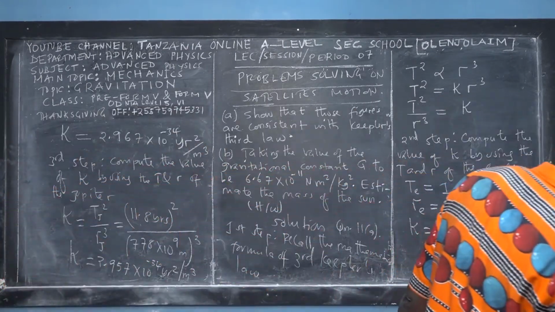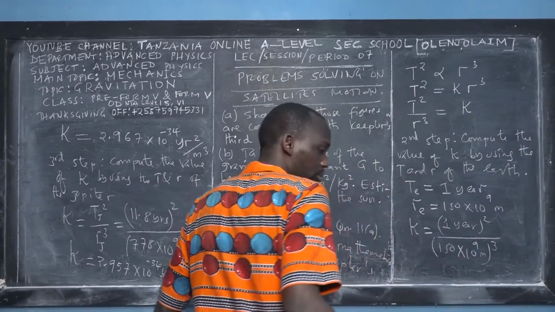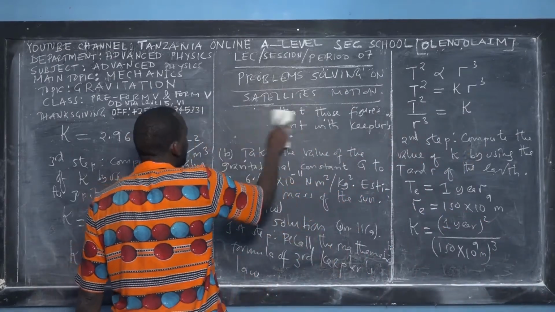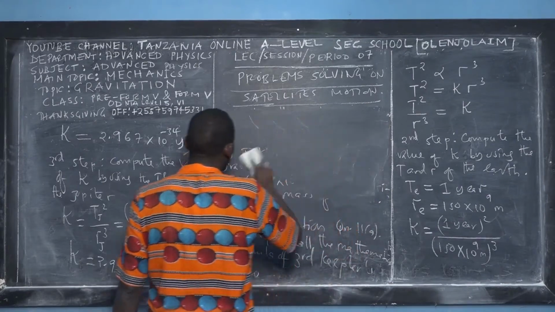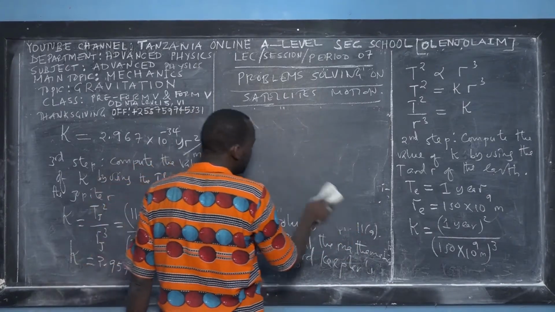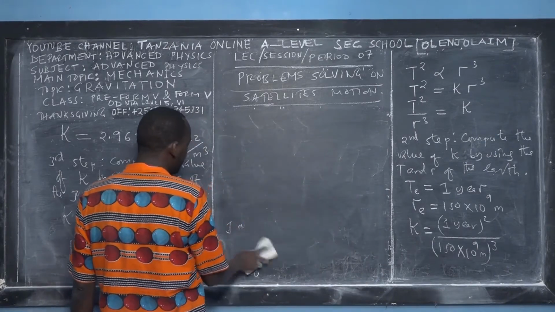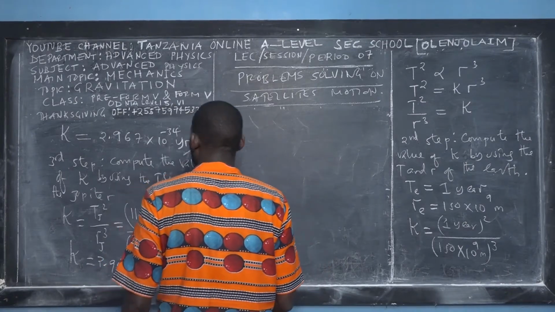So from those values, you find that in both cases we found the value of the proportionality constant, and it is the same. Because these values are the same, we say that the figures are consistent.